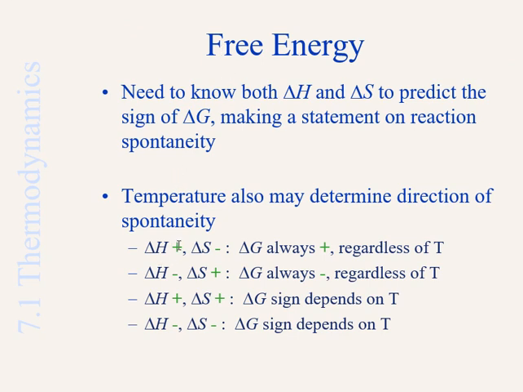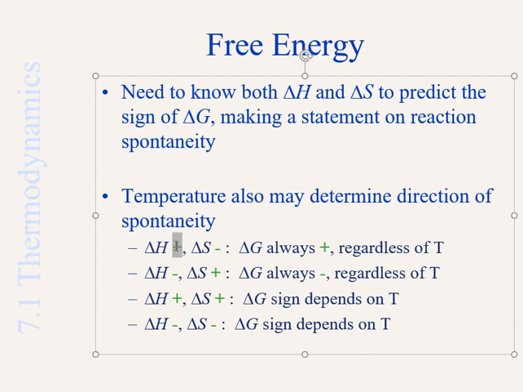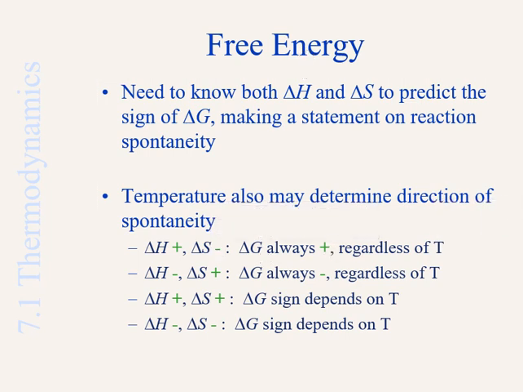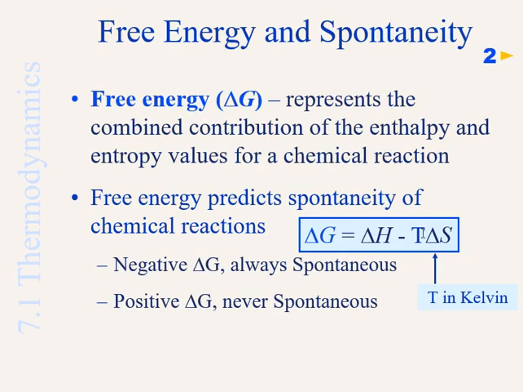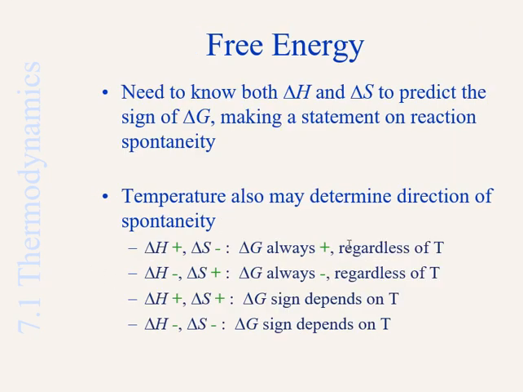And if we just look at the signs without looking at the numbers, if delta H is positive and delta S is negative, delta G will always be positive regardless of the temperature involved. So in the equation we have the temperature here, but if this is always positive and this is always negative, negative times negative makes it positive, and delta G will always be positive, meaning the reaction will never be spontaneous.